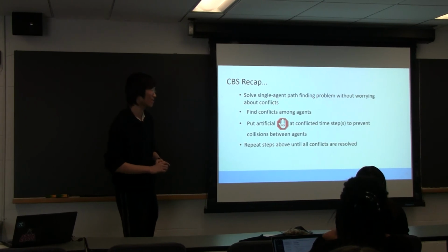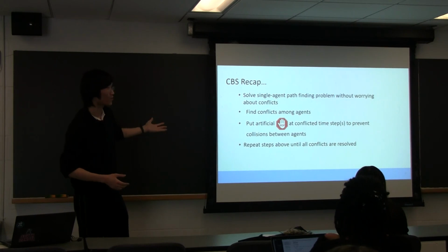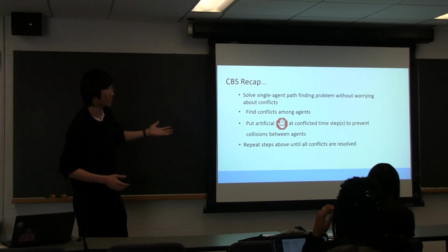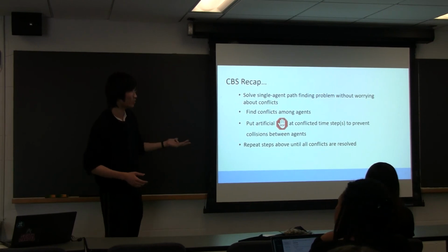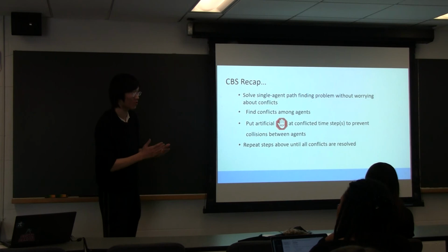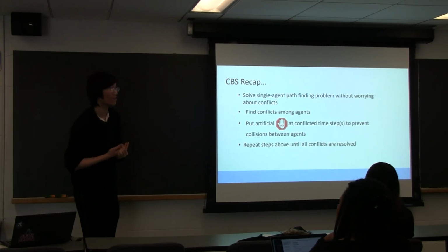Yes. A star, remember, is a priority queue, right? But how it chooses results is going to depend on the heuristic function. So if you don't punish waiting, then this agent will probably stay there, if you try to minimize the total distance traveled by all agents. Any other questions?